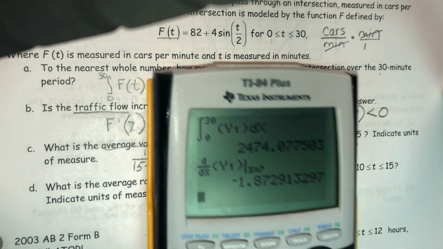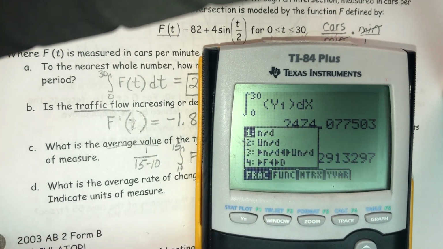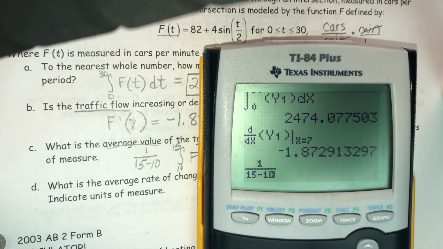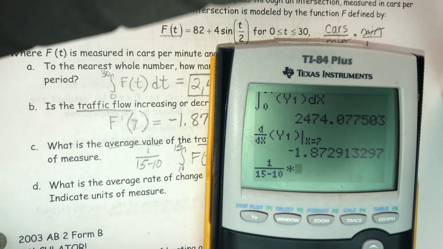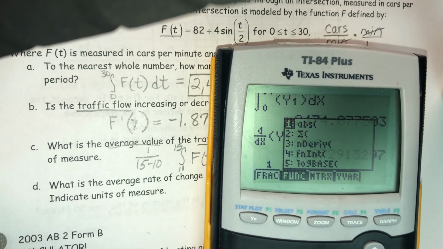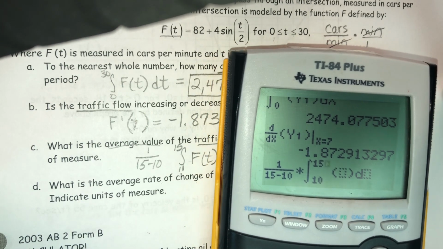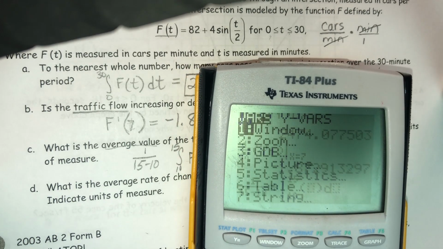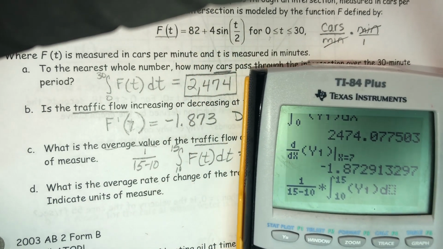So I'm going to go back to my calculator and go alpha y equals number 1 to get my fraction, 1 over 15 minus 10, and then I'm going to go times the integral, alpha window number 4 for function integration, from 10 to 15 of, I'm going to pull my equation back in here, vars, y vars, function 1, dx.